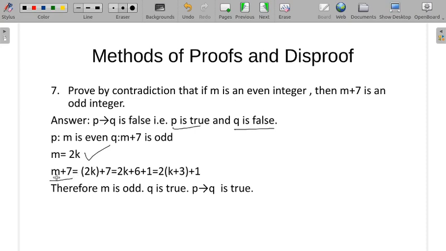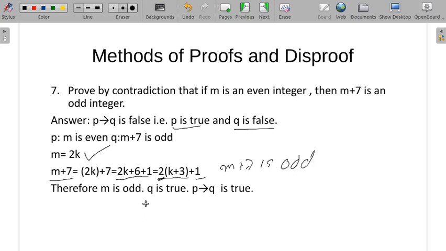You can write m is of the form 2k, so 2k plus 7. We can split it as 2k plus 6 plus 1. If we take 2 outside, it will be 2 multiplied by k plus 3, plus 1. So it will be of a multiple of 2 plus 1 form. That means that m plus 7 is odd.